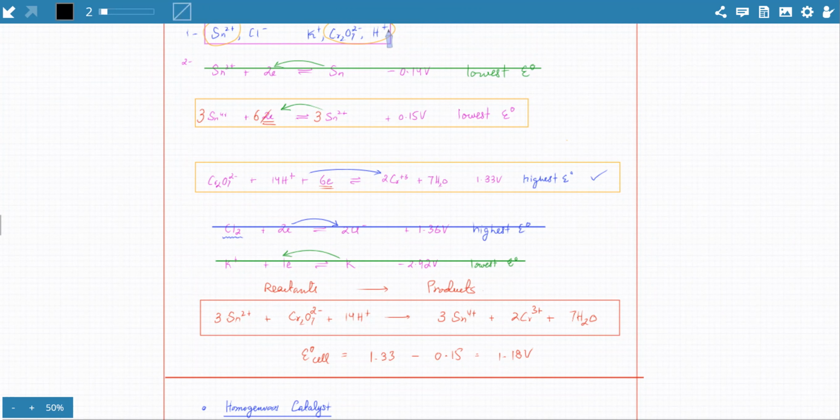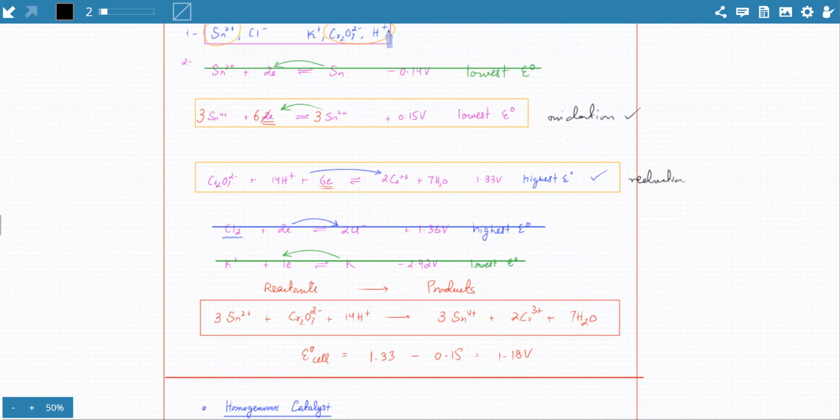There was an equation which had the lowest E naught, which was losing electrons, and there was an equation which had the highest E naught, which was gaining electrons. This is the oxidation reaction where the substance is losing electrons, and the highest E naught gains electrons. So that's your reduction equation.